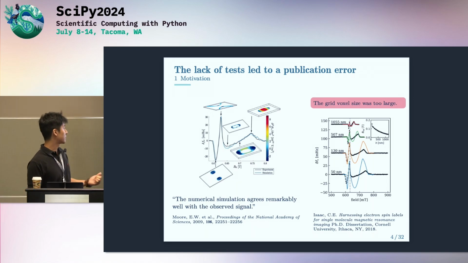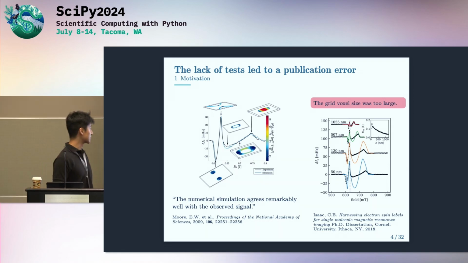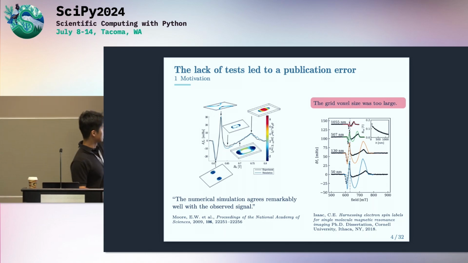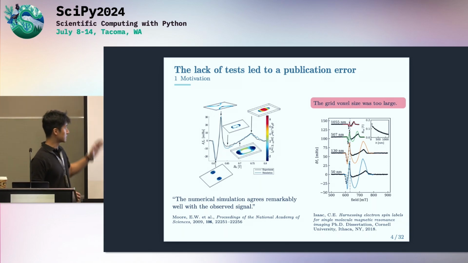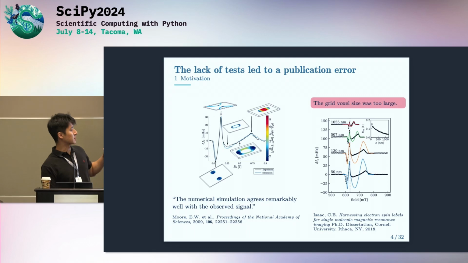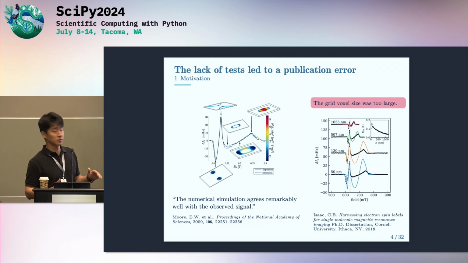because the lack of tests actually led to a publication error we had. In 2009, you can see this paper in PNAS. Quote, the numerical simulation agrees remarkably well with the observed signal. The signal is in black and the simulation is blue. This is really a simulation of signal over a thin film of sample.